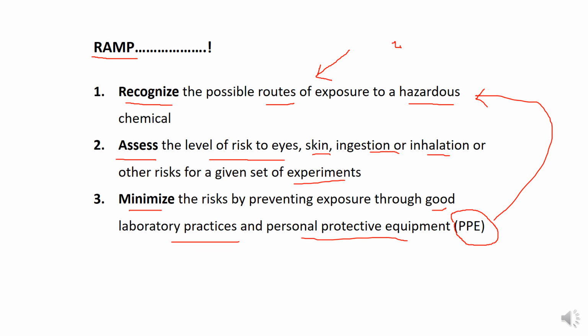You can learn about the PPE according to the experiments, it's simple training. For example, if you are using some dangerous chemicals that can touch and absorb through your skin, then you have to wear gloves. If some chemical can go into your body through inhalation, then you wear a mask so that you cannot inhale those chemicals.